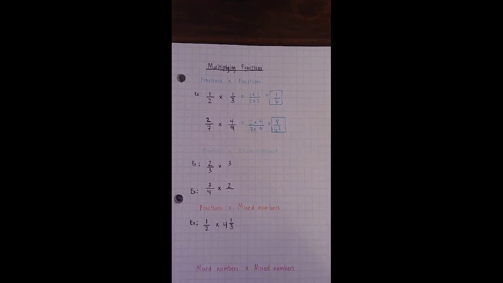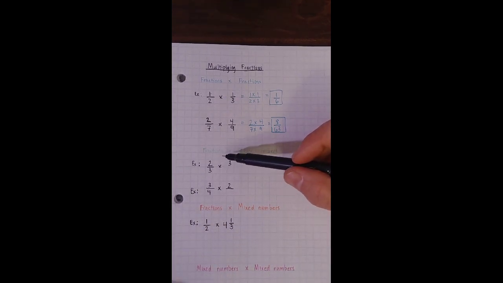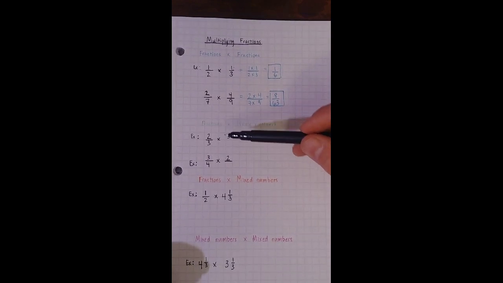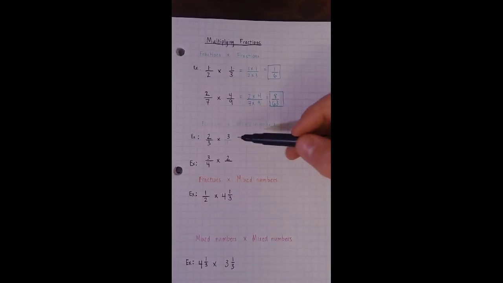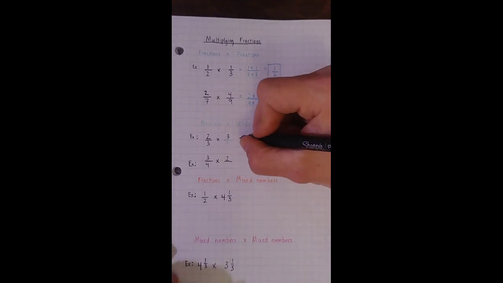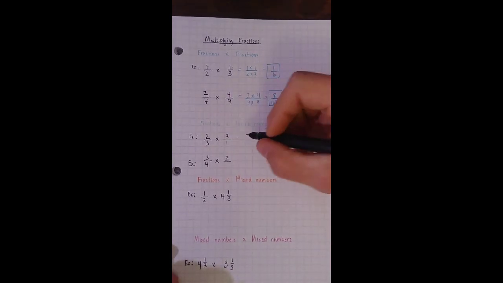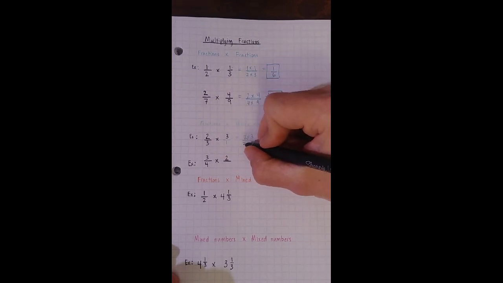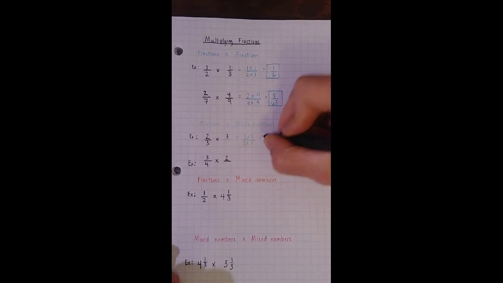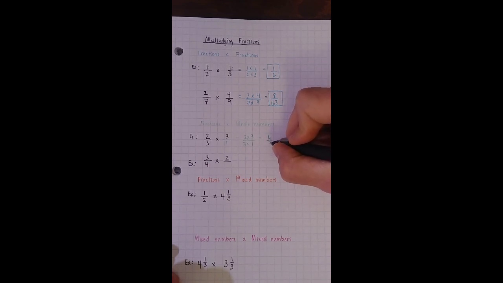Let's see what it looks like multiplying a fraction by a whole number. So here we've got 2/3 times 3. Here the technique is really straightforward. We just put a 1 underneath the whole number, and now we're working with a fraction. And then we carry out the same step. So 2 times 3 on top, 3 times 1 on bottom, and let's see what we get. 2 times 3 would be 6, 3 times 1 is 3.